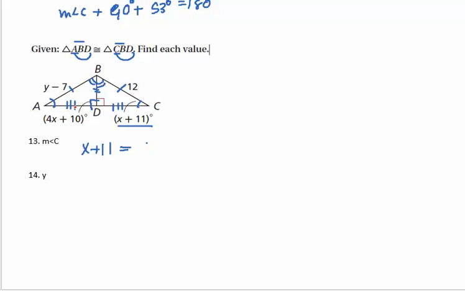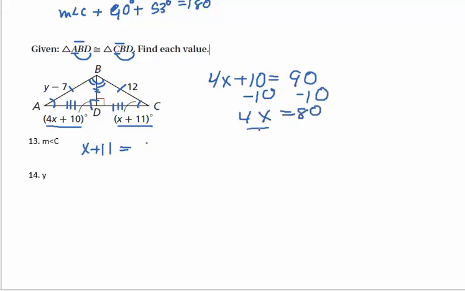That is pointing to this. So 4x plus 10 is 90. Let's write that down. 4x plus 10 is equal to the measure of angle D, which is 90 degrees. We can use this to find x. 4x equals 80.